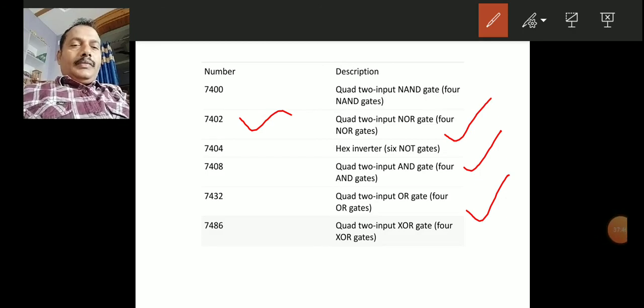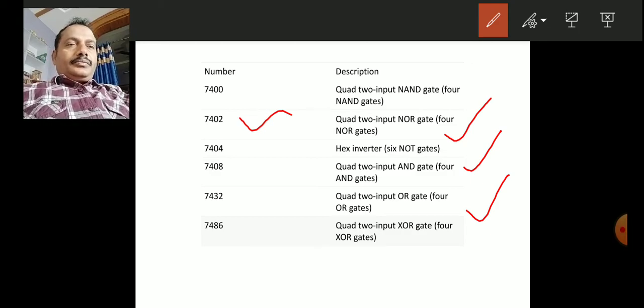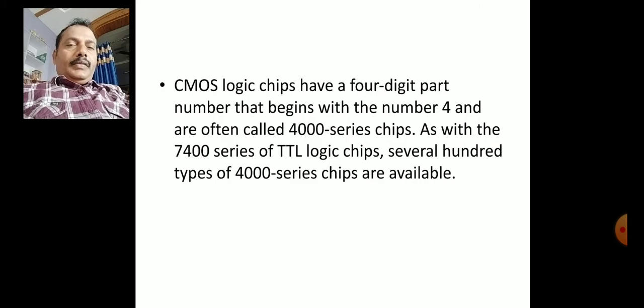Now these are the 74 series ICs available in the market. Now, CMOS logic chips have a 4-digit part number that begins with the number 4 and are often called 4000 series chips.